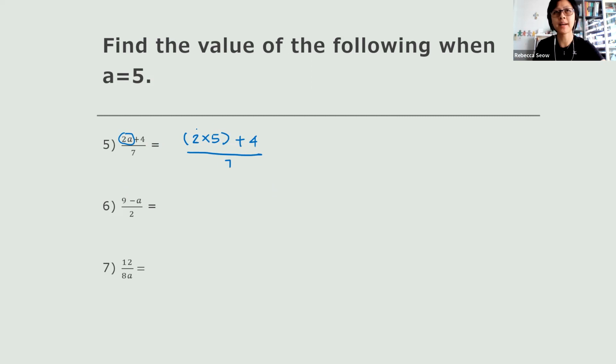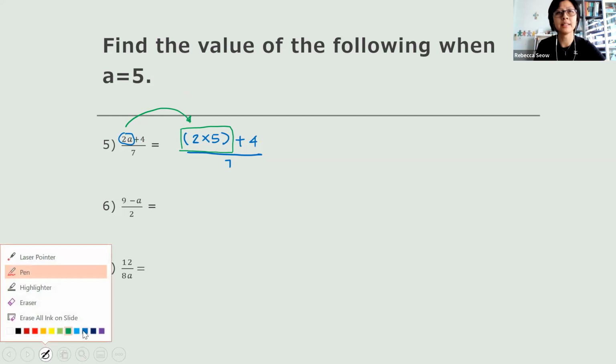This 2 times 5 in the bracket basically is represented by 2A. So if I were to box this up, this is represented by 2A in the question. Okay? Everything else, the plus 4 over 7, I basically just copy it down.